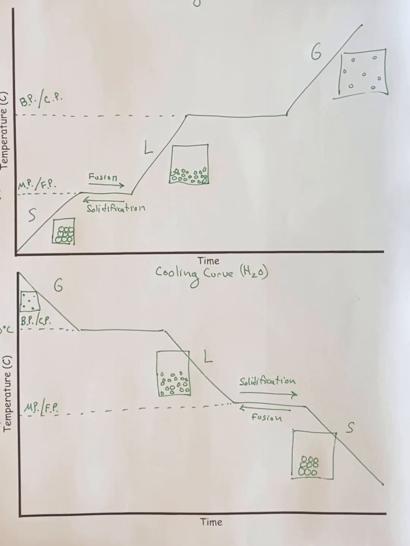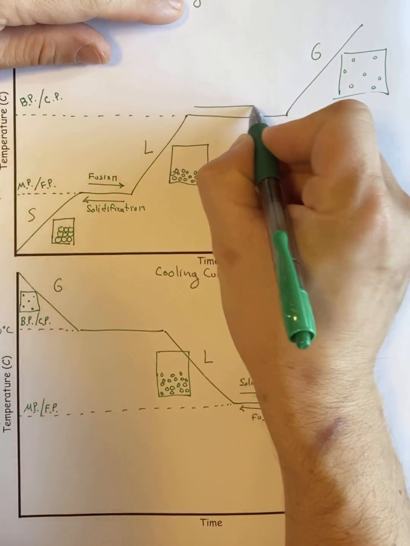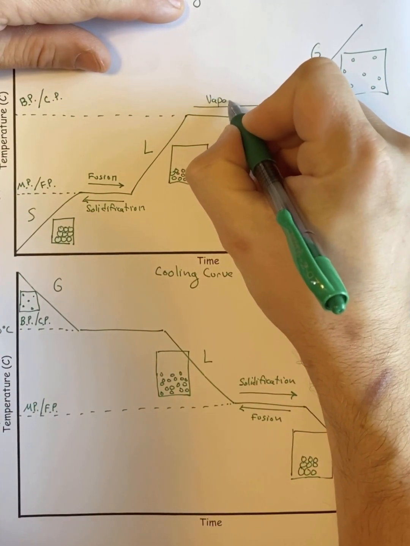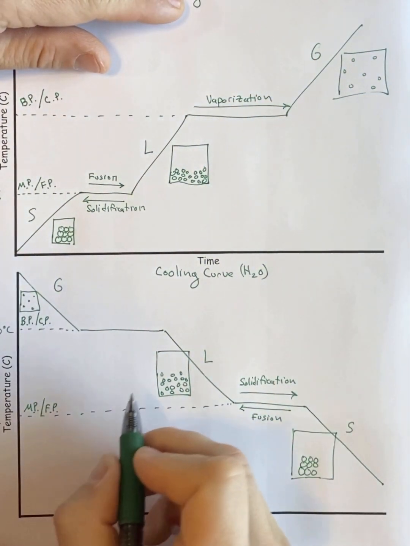But also the nice thing is, as long as you know one, like if you just know fusion is melting, therefore solidification, you can just flip it. It's not hard to memorize them both, but it's one less thing you have to memorize. Now boiling is when a liquid turns into a gas. So vaporization, same thing here.